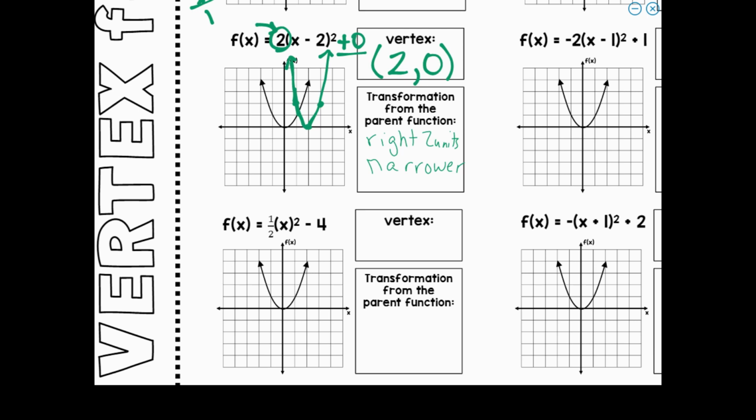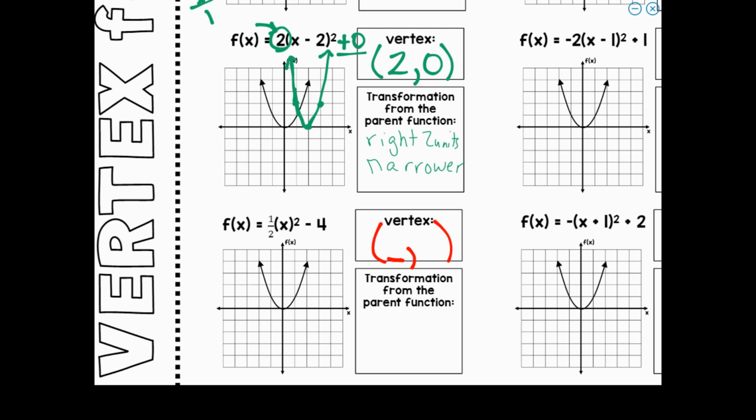So for this next one, okay, Cutter, what's my x coordinate going to be for the new vertex for this one? Is there anything being added or subtracted to that x inside the parentheses?